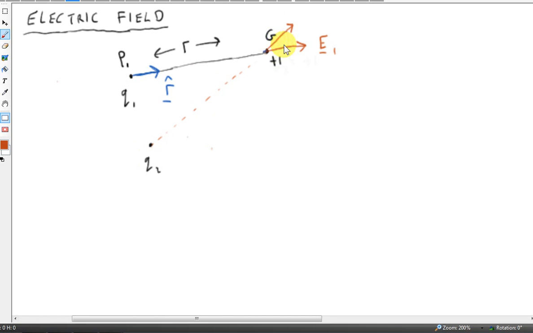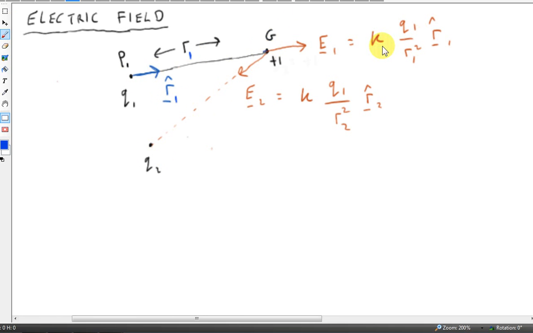If Q2 is positive, then the electric field vector will be along this direction. If Q2 is negative, then the electric field vector will be along this direction. So we can call this electric field vector E2, the electric field at G due to Q2. Now, since we're going to have lots of different distances involved here, we will call this distance here R1, the distance of Q1 to the unit positive charge, and then this will be unit vector R1.